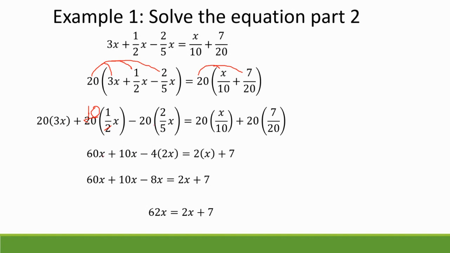This becomes 60x. Here, 2 over 5 x times 20: 5 is gone, the 20 becomes 4, so 4 times 2x. 20 times x over 10: 10 is gone, 20 becomes 2. Here, the 20s cancel, and we're left with 7. So that's how we get the equation below it.